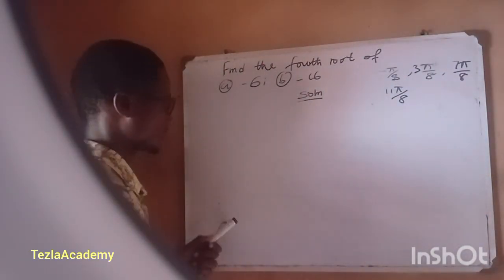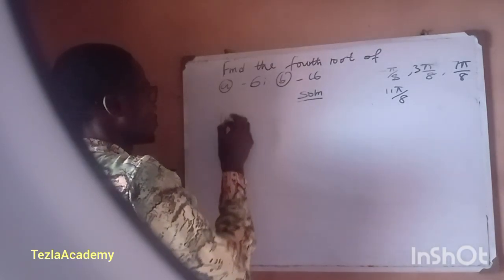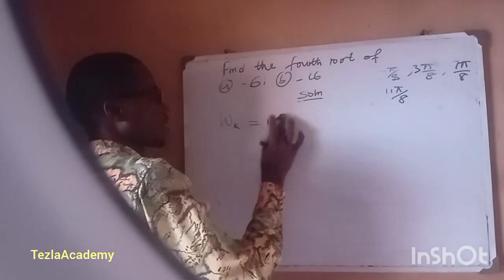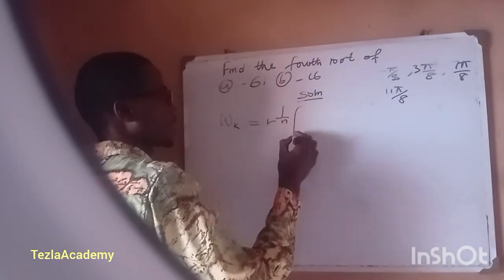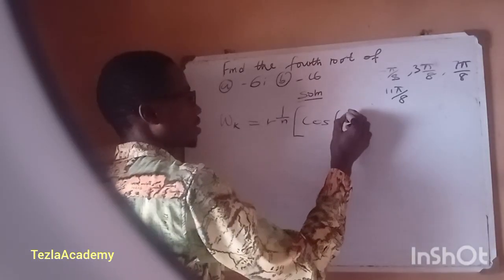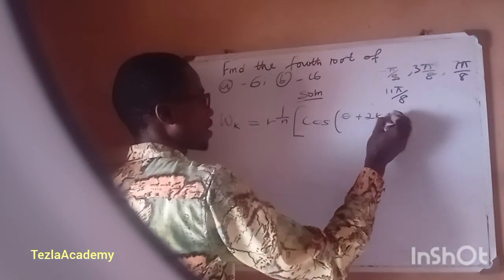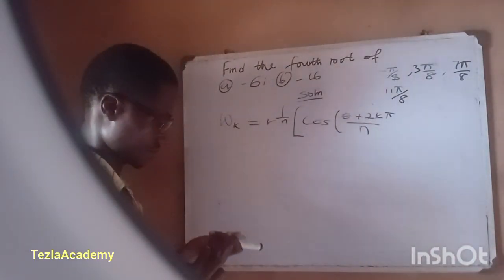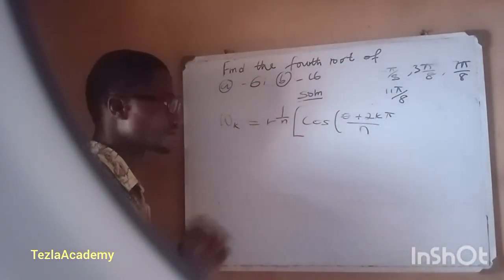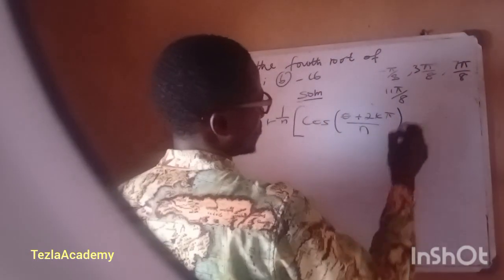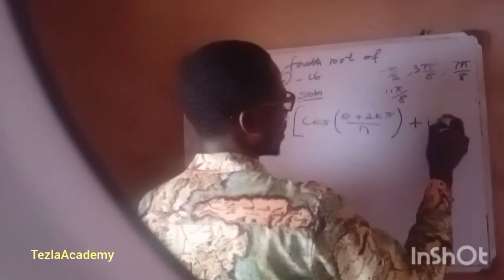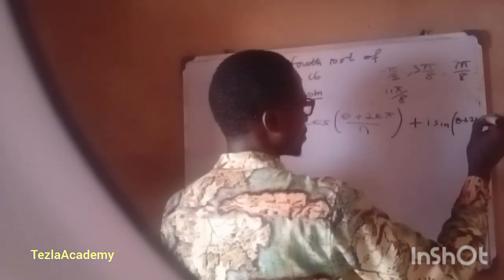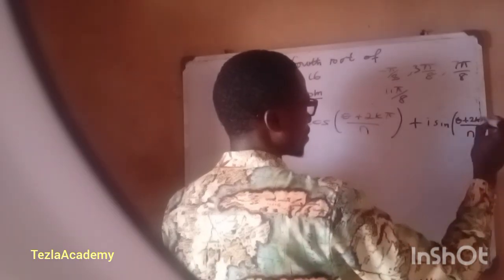So you have 11 pi over 8. So our formula says that we have Wk as r raised to power 1 over n, brackets cos bracket theta plus 2k pi all over n, then brackets plus I sine brackets theta plus 2k pi all over n.